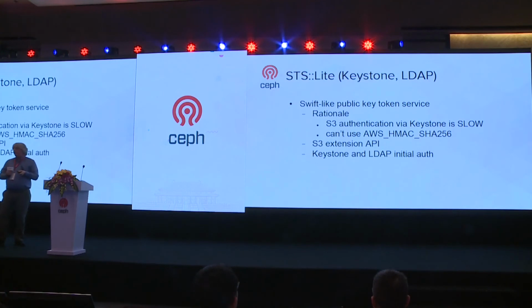A final point. There's been work ongoing for the last year and a half or 2 years to implement Amazon's Security Token Service, which at some level is a Kerberos-like integration of token-based authentication that has a couple of purposes.